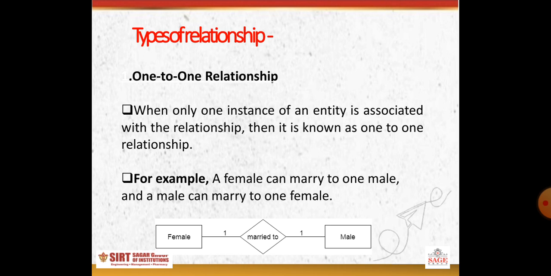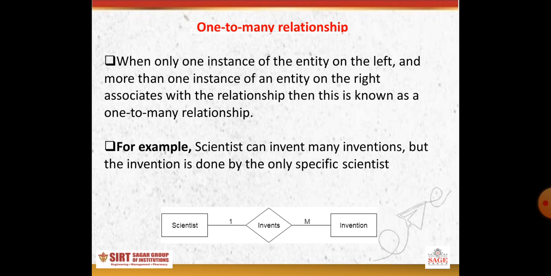First one is one-to-one relationship. In one-to-one relation, when only one instance of entity is associated with the relationship, then it is known as one-to-one relationship. For example, a female can marry one male and male can marry one female. This is the example of one-to-one relationship. Then one-to-many relationship.